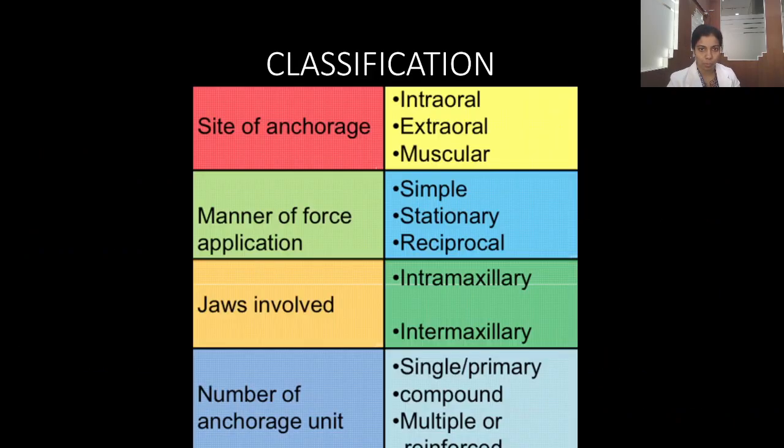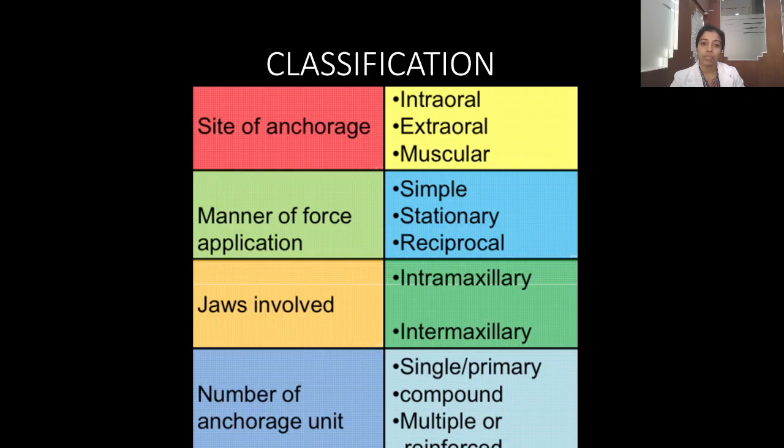There are various classifications for anchorage depending upon factors like the site of anchorage, the manner of force application, the jaws involved, and the number of anchorage units. According to the site of anchorage, broadly, anchorage can be classified as intraoral, extraoral, and muscular anchorage, and we can see it in detail in the following slides.